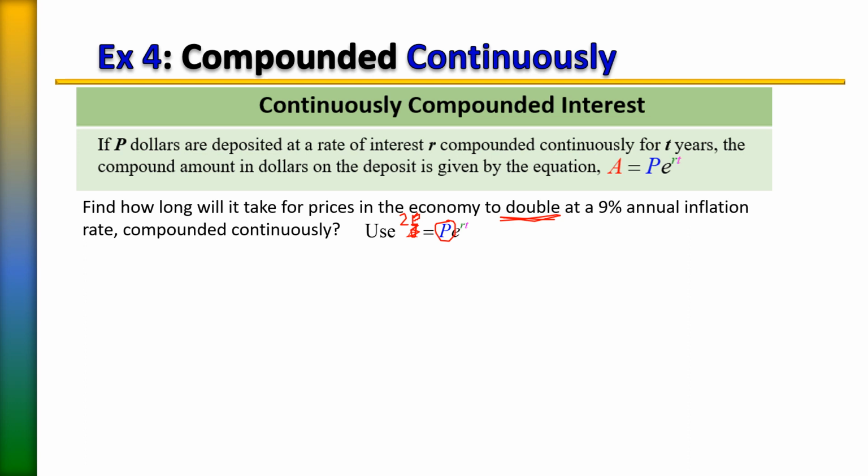In this particular equation, instead of having a value for the future amount, you're going to have just 2P because it's going to be twice what it originally was.